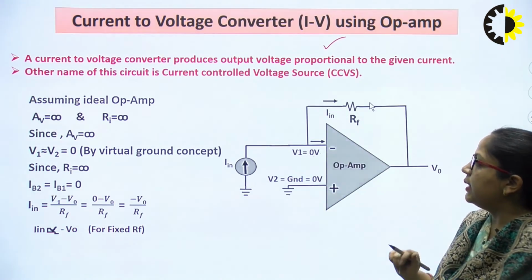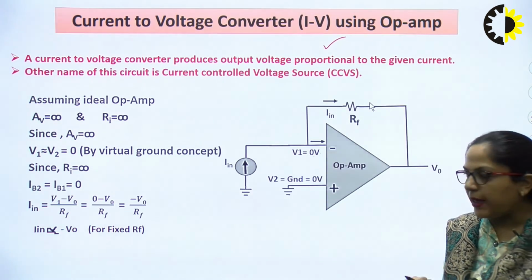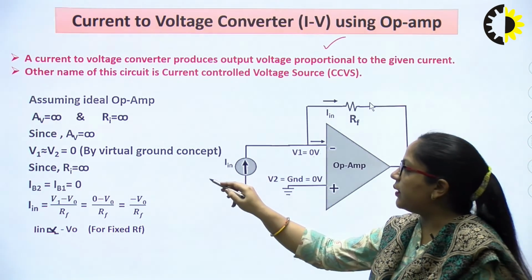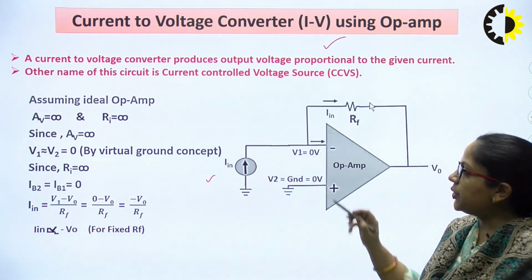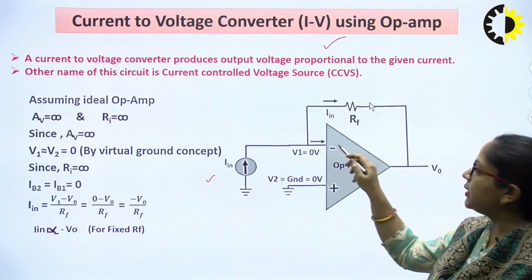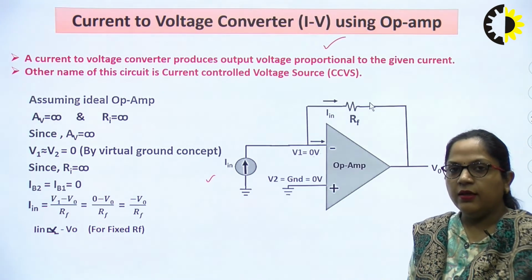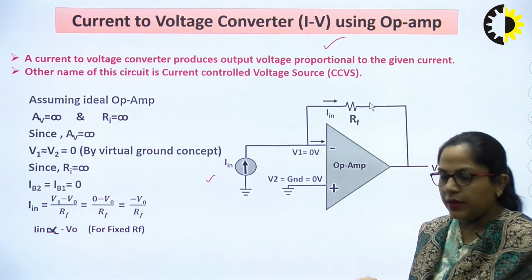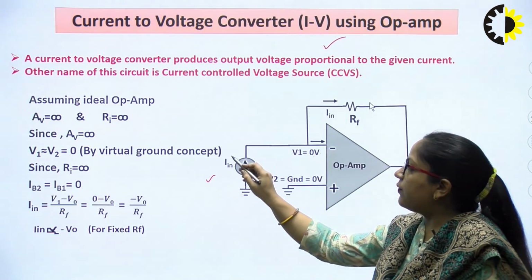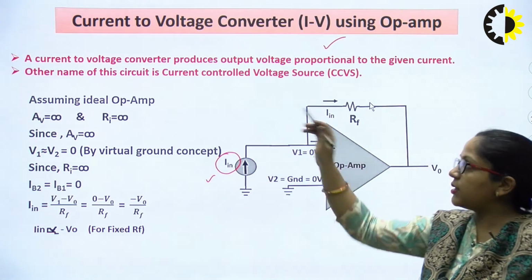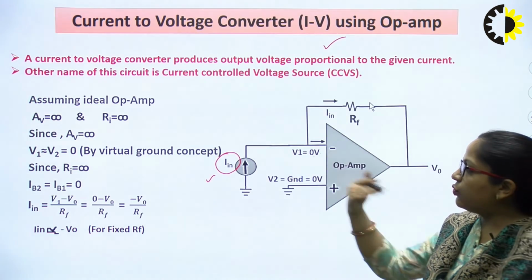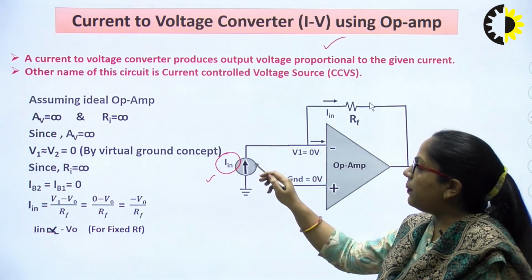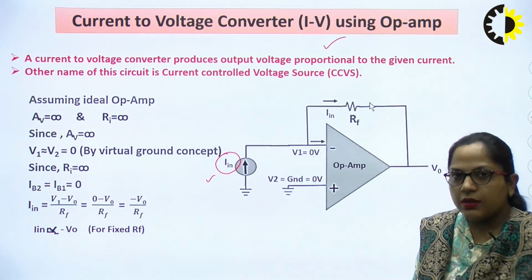How have we realized this I to V converter circuit with the help of op-amp? Here the op-amp is connected in inverting configuration, because this time the input signal is connected to the inverting terminal of the operational amplifier. The non-inverting terminal of the op-amp is grounded. At the input, because this is our I to V converter, we have to apply a current, so at the inverting terminal we have applied a current source as an input signal.